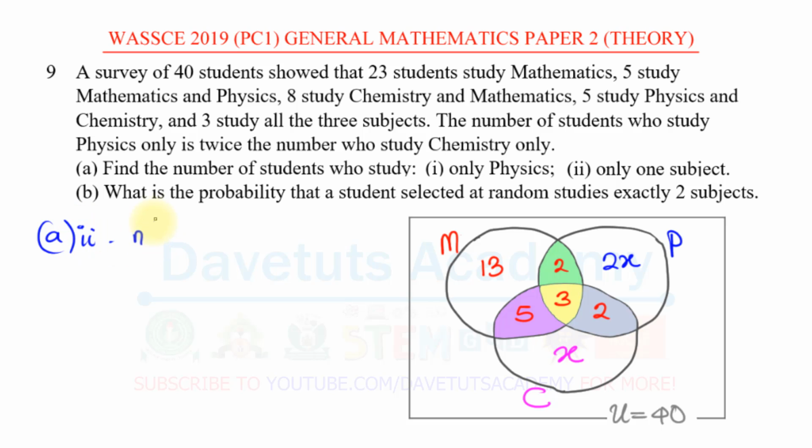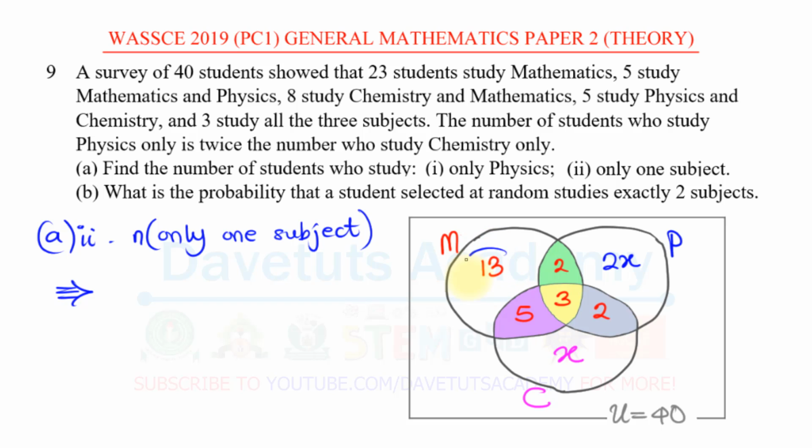Number of students who study only one subject. Just remember, we just got our x to be 5.